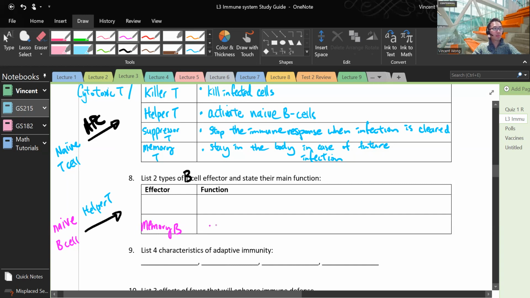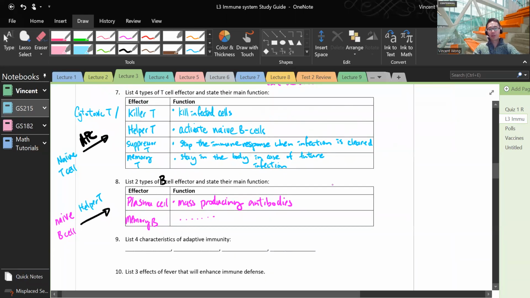Okay, same as before. But more importantly, you're going to create these plasma cells. And plasma cells are responsible for mass producing antibodies. So just a quick word on how does an antibody work?